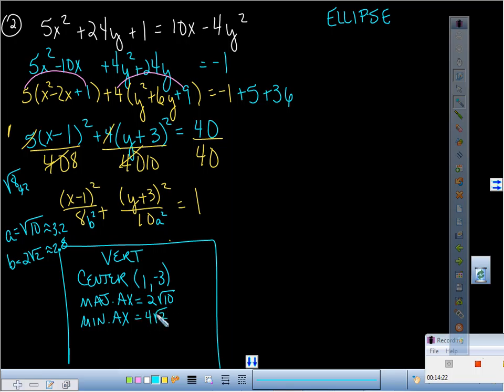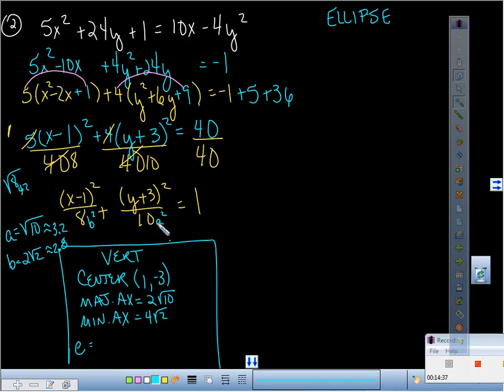And I want the exact numbers on these. I don't want them rounded off. What's the next thing you have to find? His eccentricity, which is how round or elongated he is. The eccentricity is c over a.